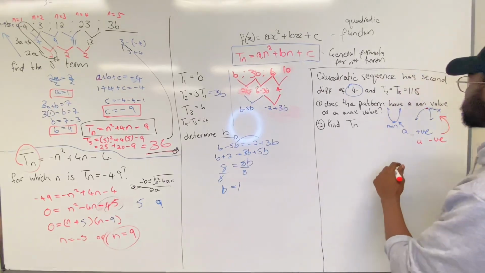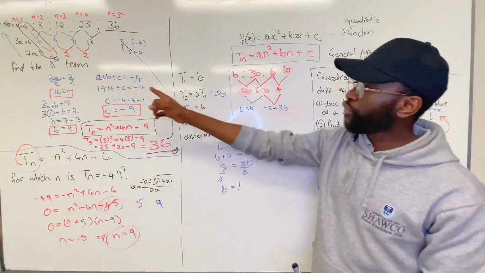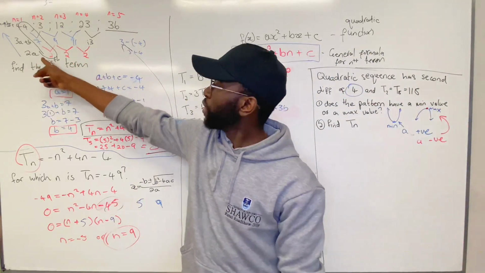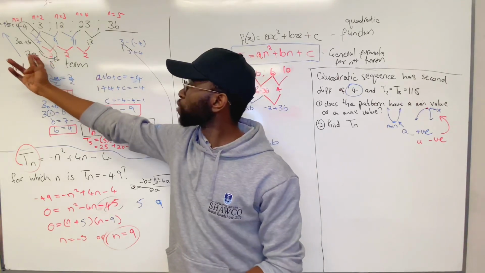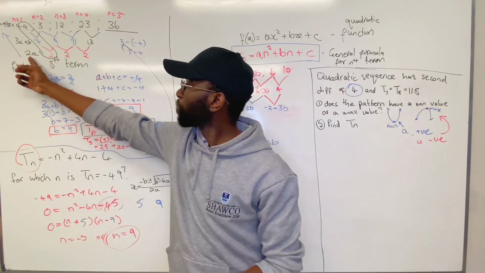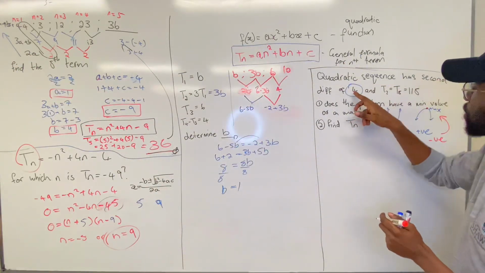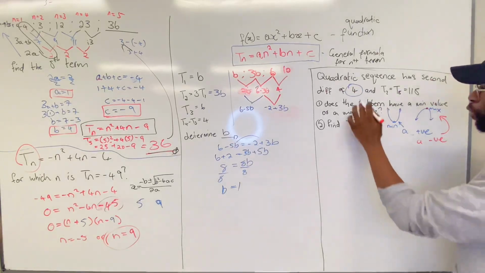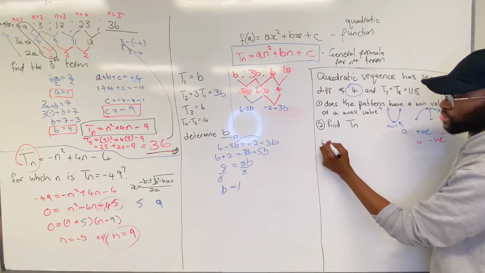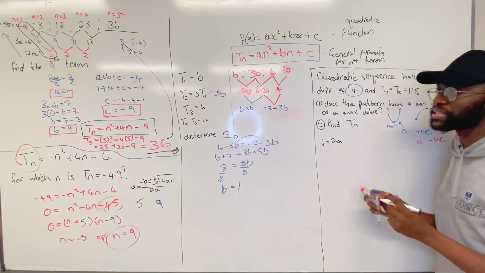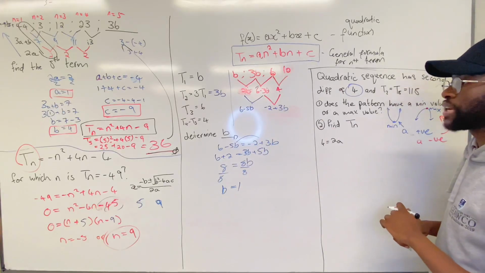Now, we know that the common difference is 4. And from a common difference, we know that our common difference is equal to 2a. So we can use this second common difference that they gave us and say, well, since 4 is the second difference, that means it is equal to 2a, because we showed it earlier in the video.